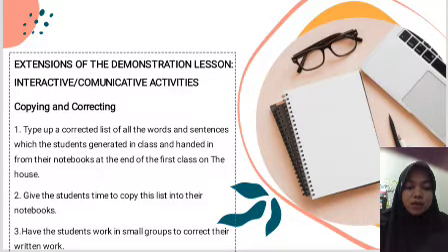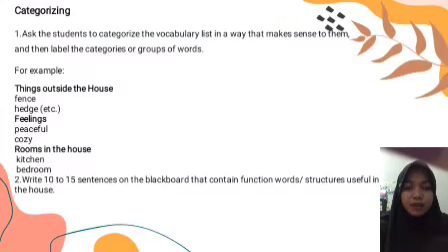And the third, have the students work in small groups to correct their written work. They can then finalize their corrections in the large group. With your support, this list can be used in the activity which follows.